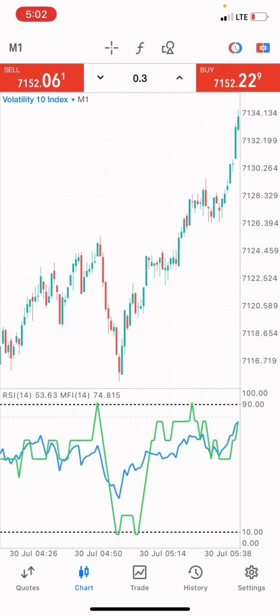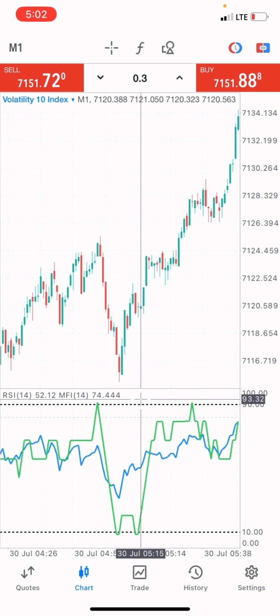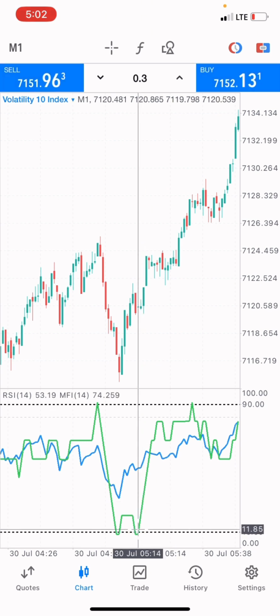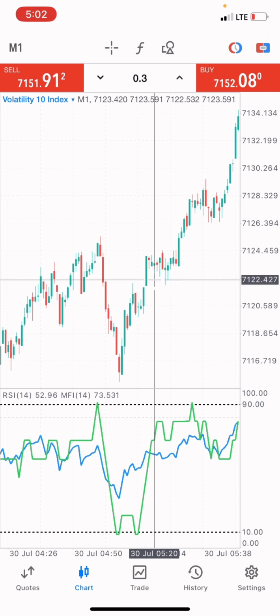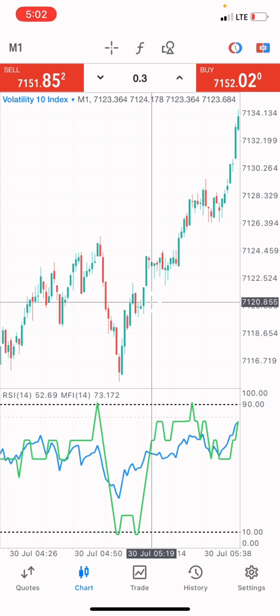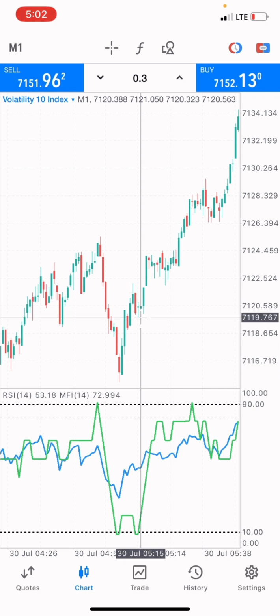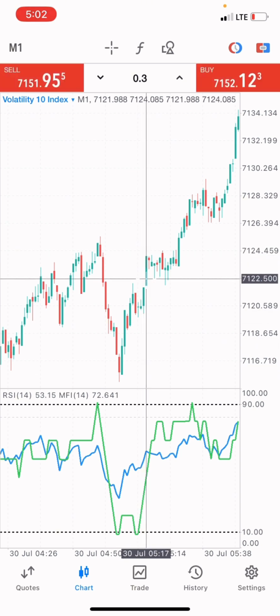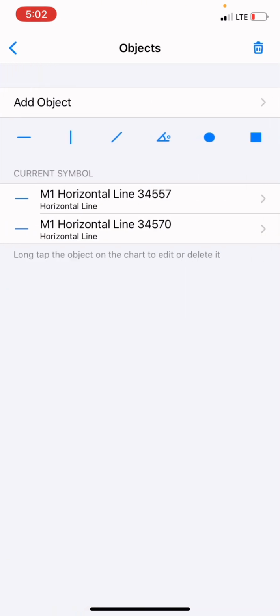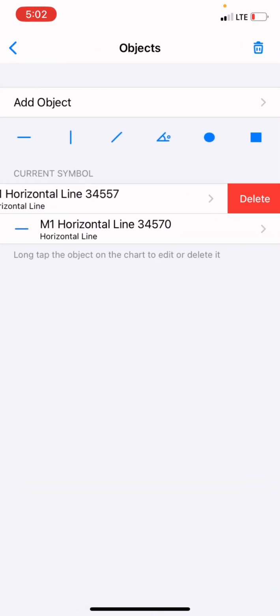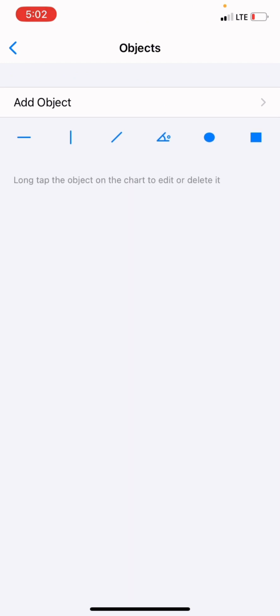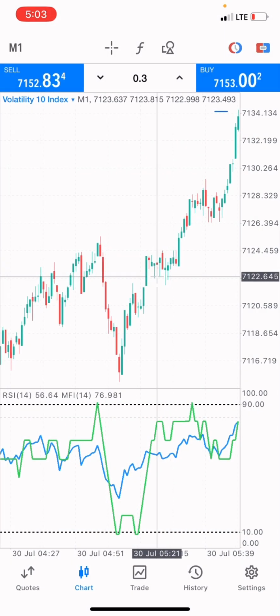At this point you can see it crosses the level 10 below, you take your green candles. After that you're out of the market. Now as you can see right here, it's below that line. So let's put in the lines and see what I'm talking about.